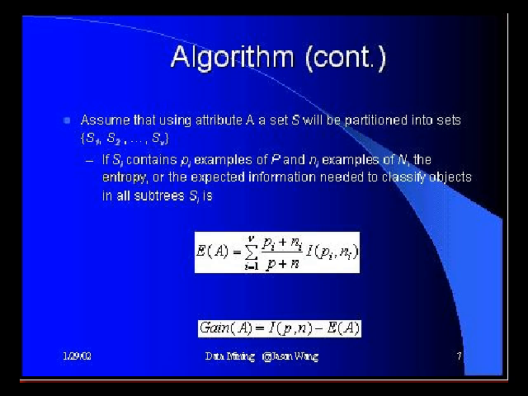S2 contains those training examples in which the phone usage is between 75 and 150. S3 contains those training examples in which the phone usage is greater than 150.